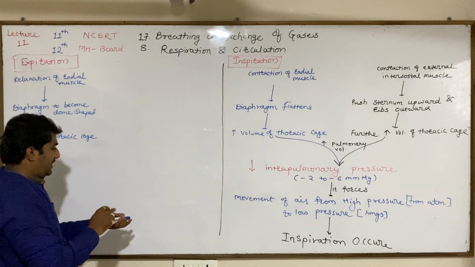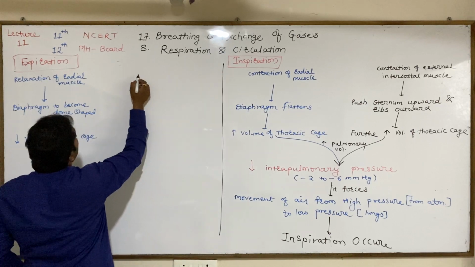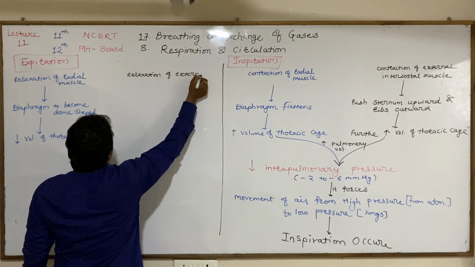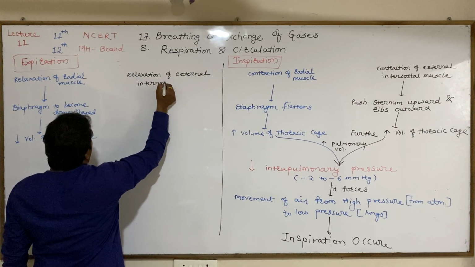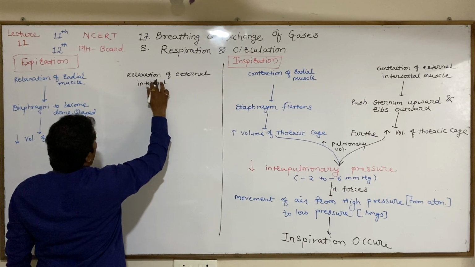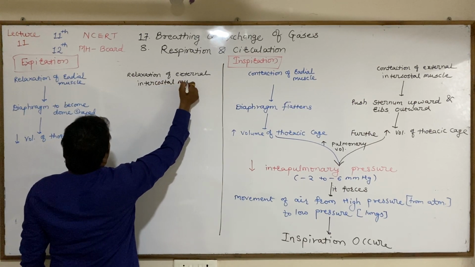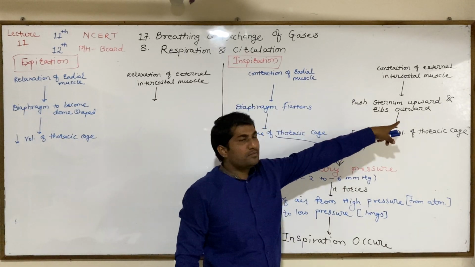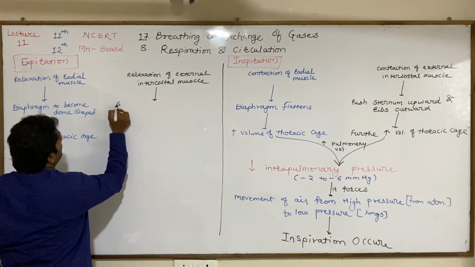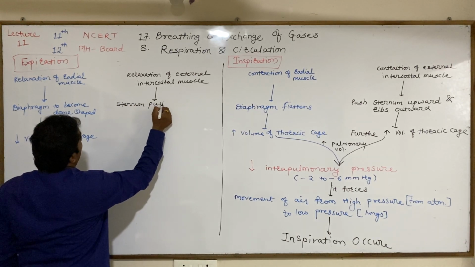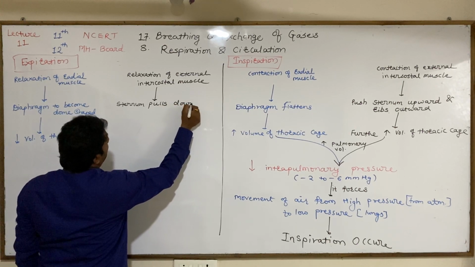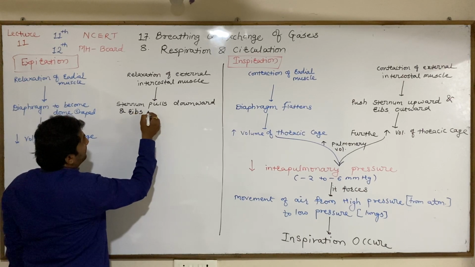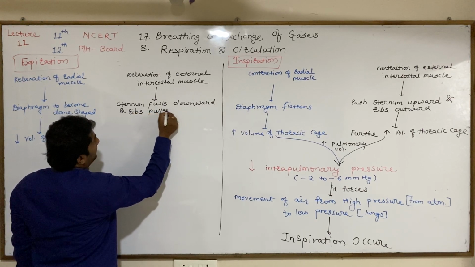At the same time, there is a relaxation of external intercostal muscle, and when there is a relaxation of intercostal muscle, it will cause sternum to pull downward and ribs to pull inward.